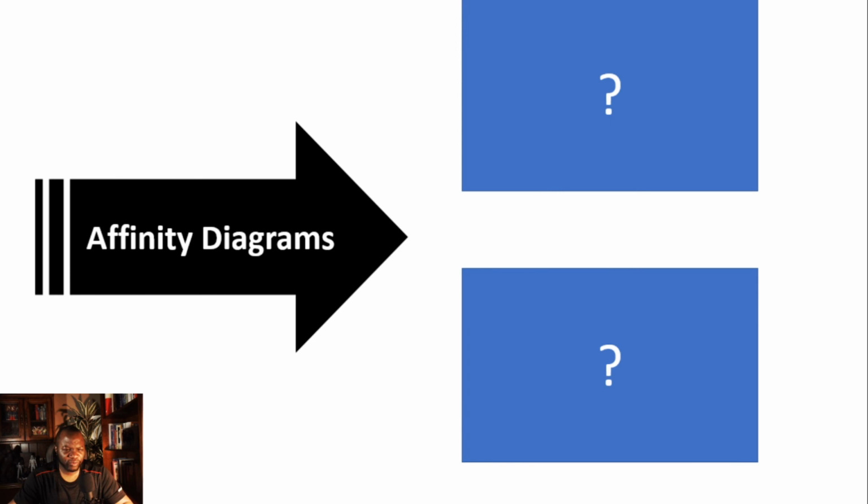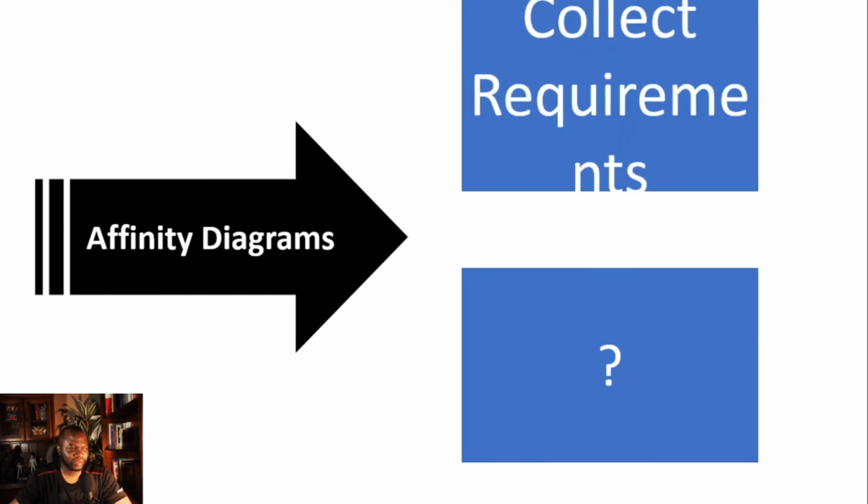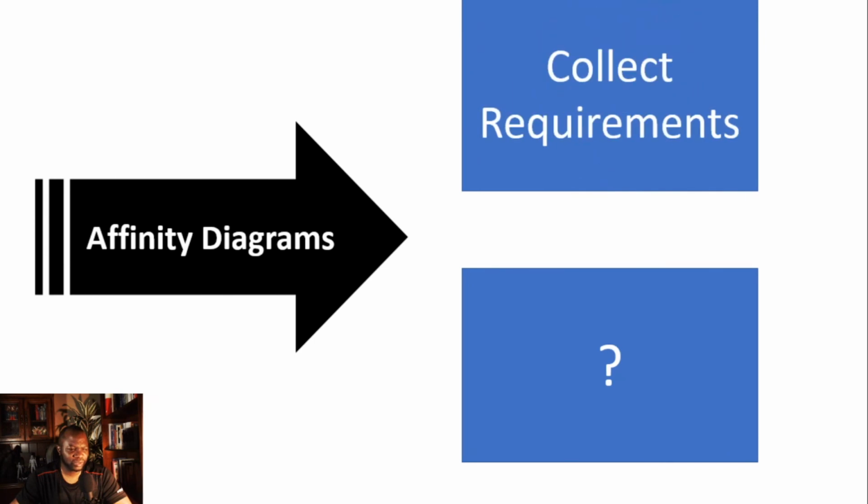Quick way of remembering which process it is: the second process in each of those. So we're talking about collect requirements, and none other than manage quality.